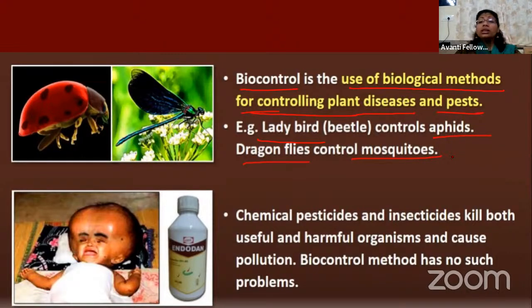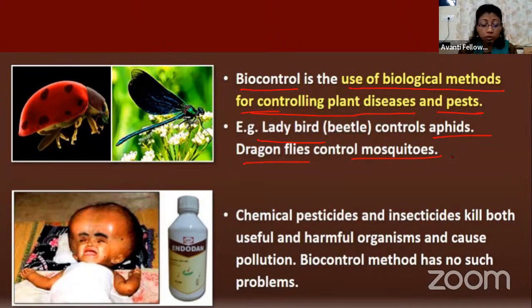As you know, chemical pesticides, insecticides, or even fertilizers always remain very harmful, right? Because they usually get mixed with water, and they also get absorbed by the soil. They get mixed in nearby water resources, due to which they leach to other organisms, other animals, and humans themselves.